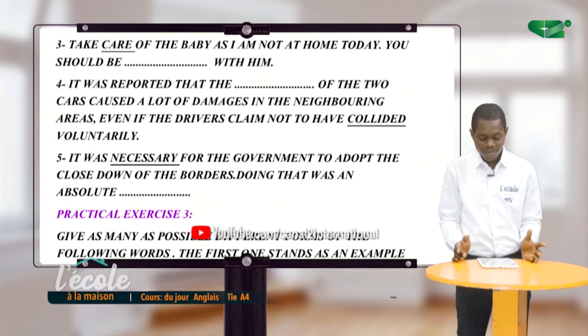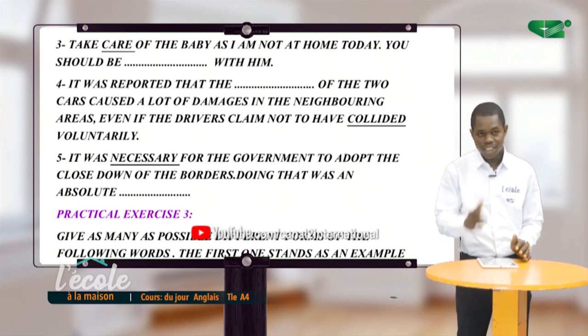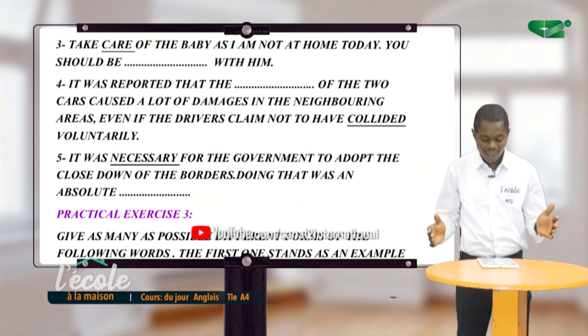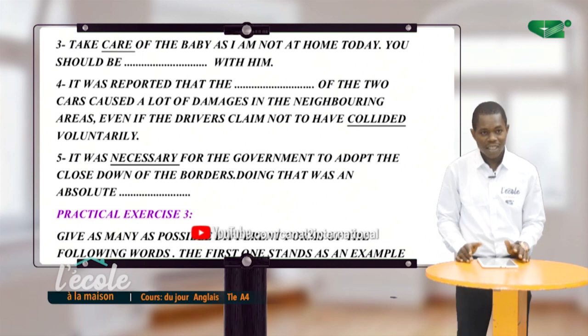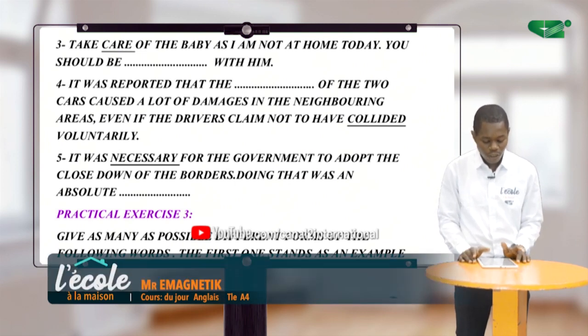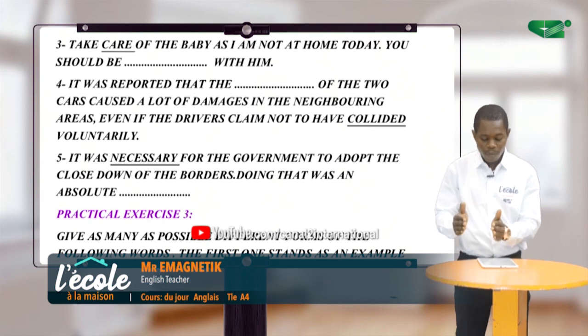A verb ending in e, a vowel interposed with a consonant, is supposed to be a regular verb. In that context, what do we do? We add d at the end to have it in the simple past tense. So here we had a verb as grammatical class.